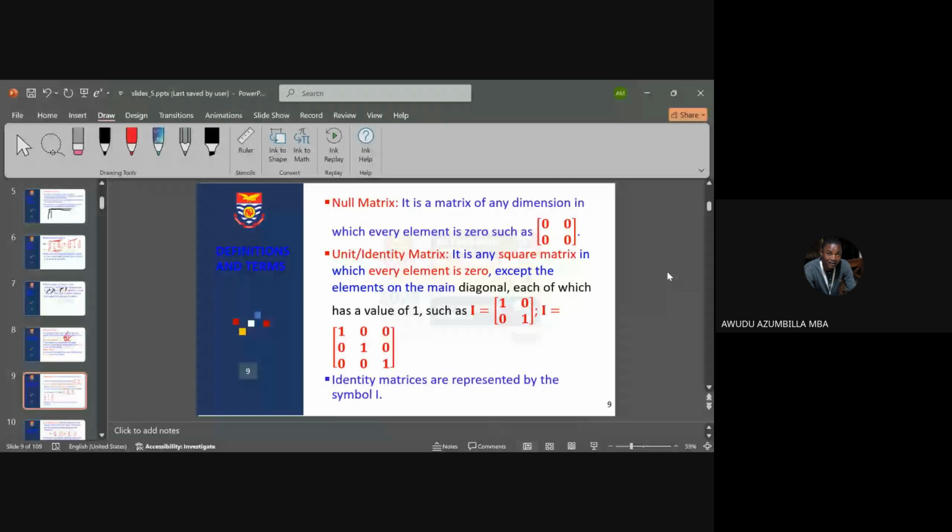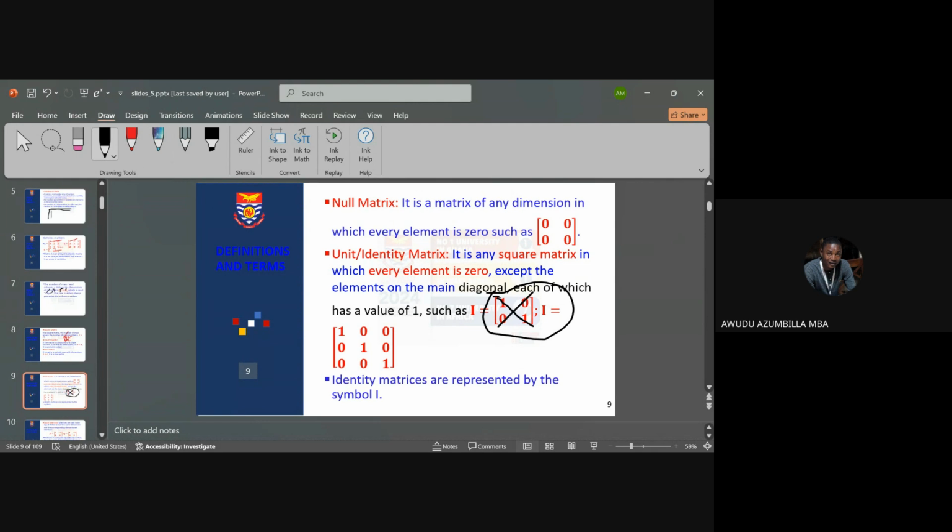What about a unit or identity matrix? It is any square matrix in which every element on the main diagonal is equal to 1 and the other elements are 0. If you look at the example that we have given here, this is called the main diagonal, and this is called the off diagonal.